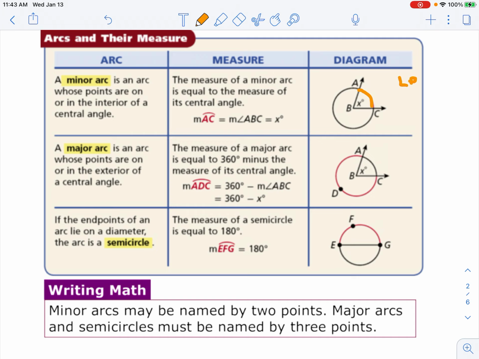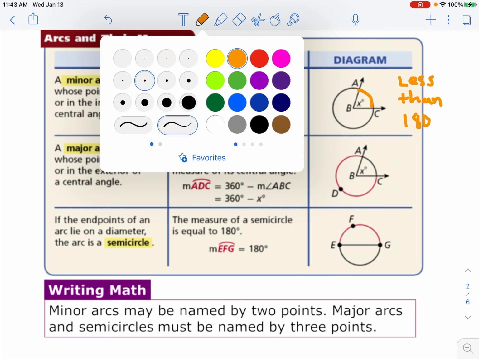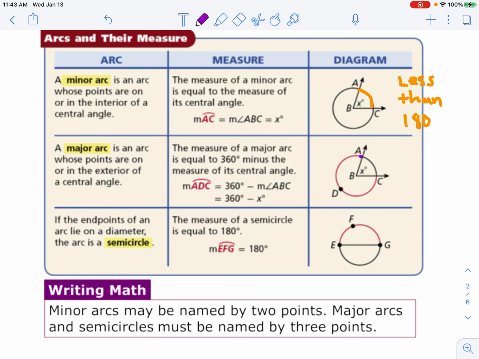A minor arc is always going to be less than 180. A major arc is when we find part of the circle that's bigger than half a circle, so it's more than 180. Now, I want you to notice something between the minor arc and the major arc.